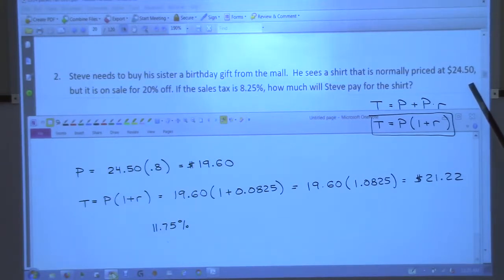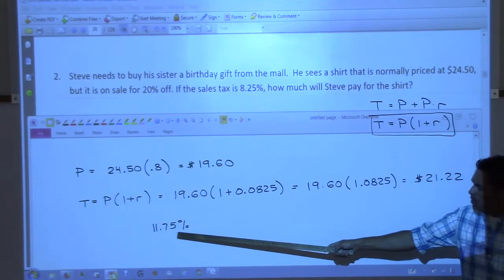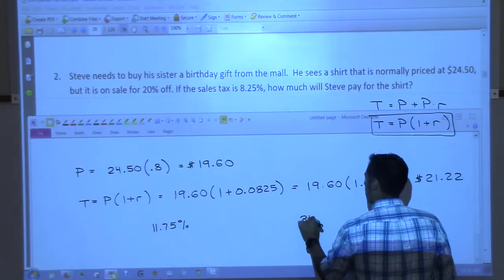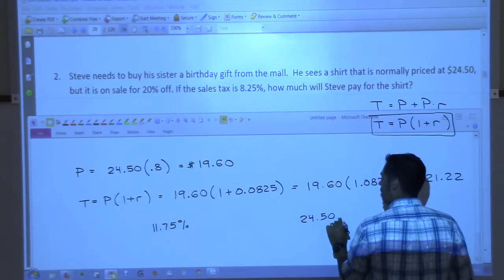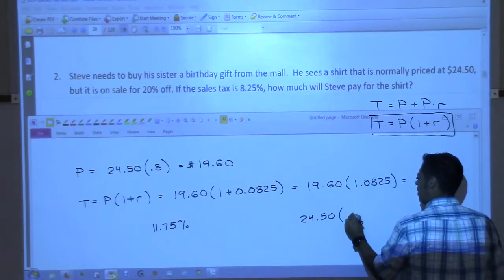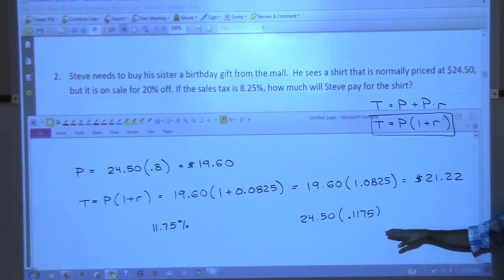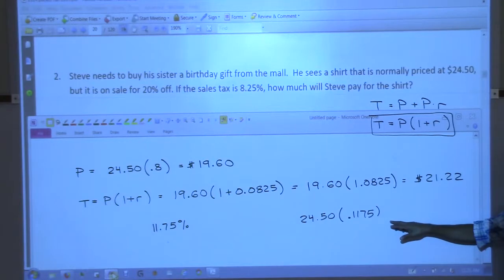Multiply by $24.50, and that should be your total. So you want me to multiply this percentage times this? Okay, so take 24.50 and multiply it times 0.1175. I'm just doing what you're suggesting. I don't think this is going to get it.